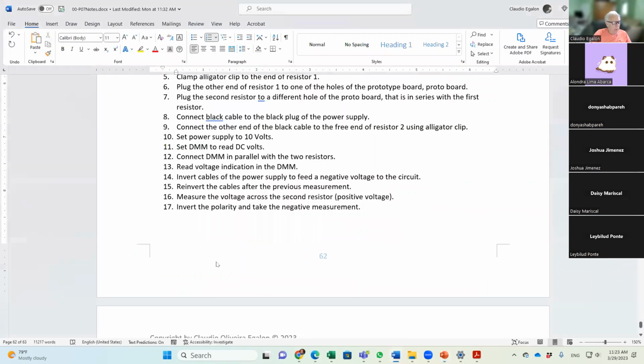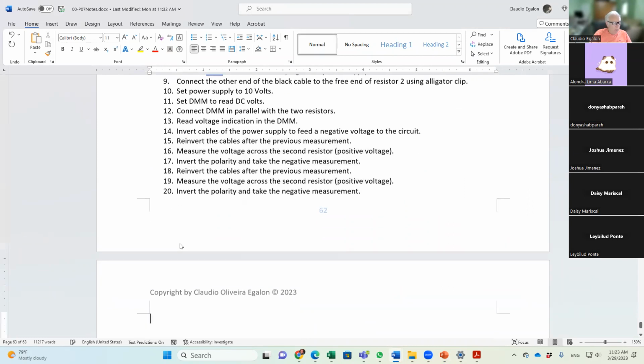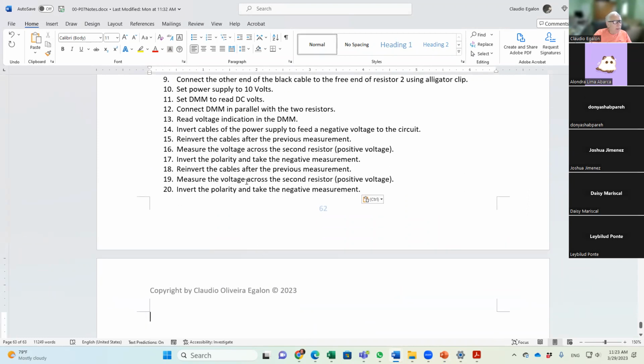Invert the cables after the previous measurement. Measure the voltage across the first. You have to put second here. No, it's supposed to be first, not second. Sorry. Now this one is the second.